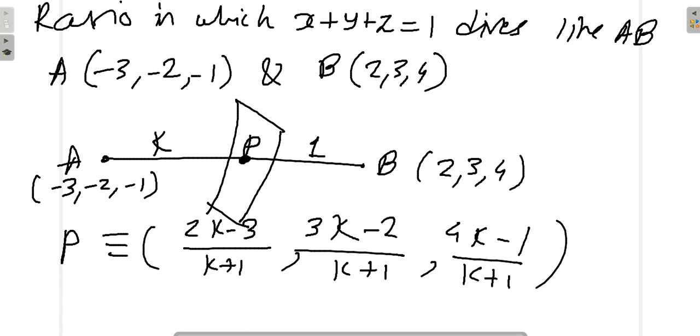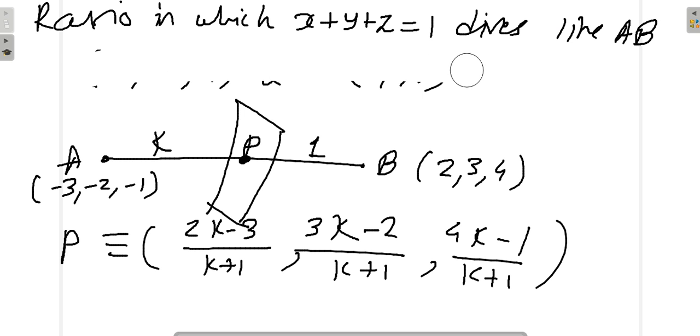So let us do that. Yeah, x plus y plus z equal to 1.